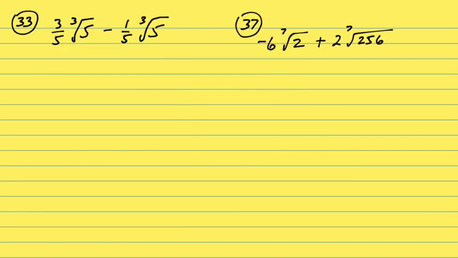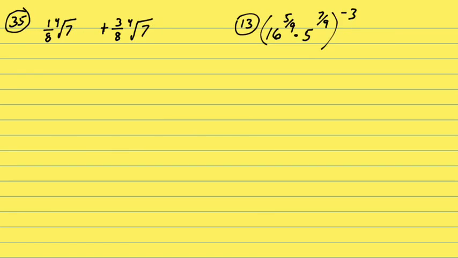Let's take a look at number 13. Here we have 16 to the 5/9 times 5 to the 7/9. So that means these are both 9. Well, we could multiply exponents because it is a power to a power. There's a couple of approaches. What happens if you take 5/9 times negative 3?